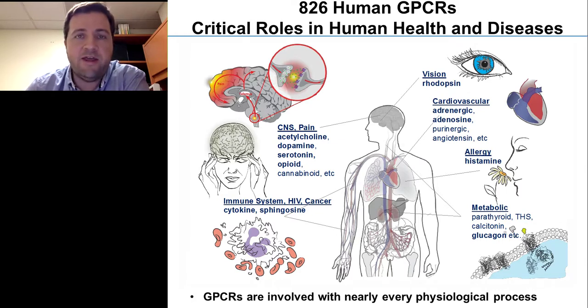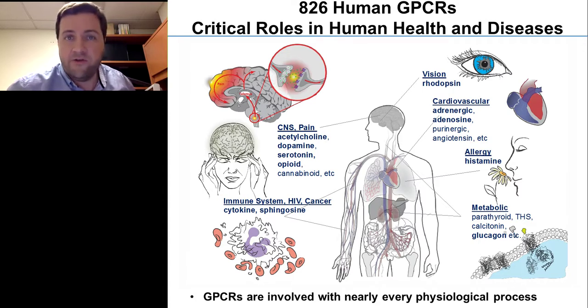Allergies are mediated by histamine receptors. Metabolic health and illnesses are also mediated by GPCRs. Immune system function, GPCRs play a critical role in this, as well as critical roles in how diseases hijack and take advantage of our immune systems.